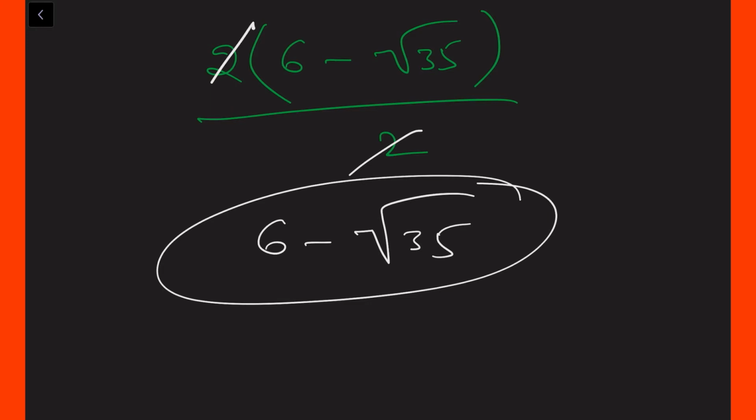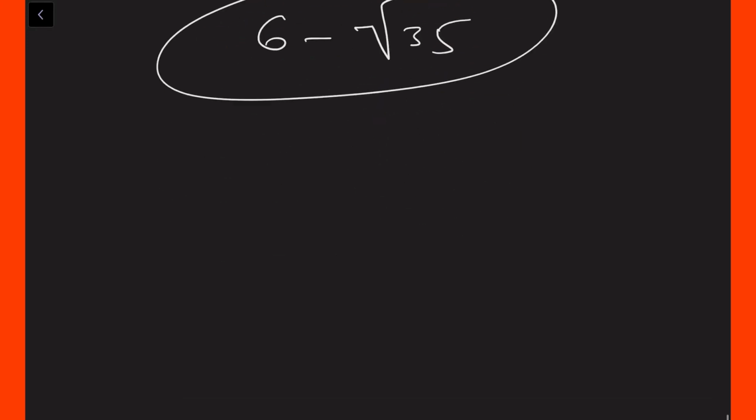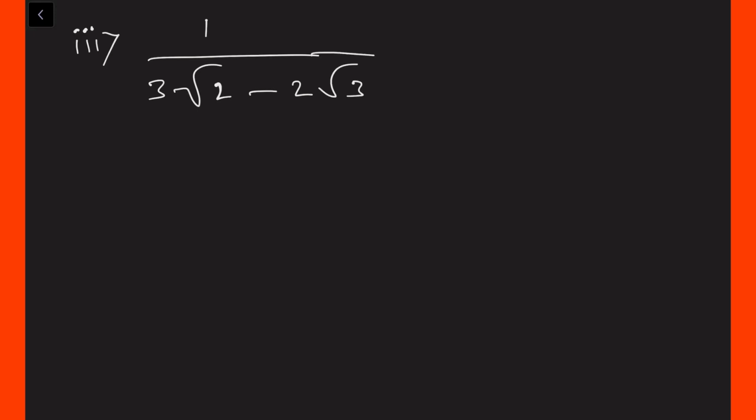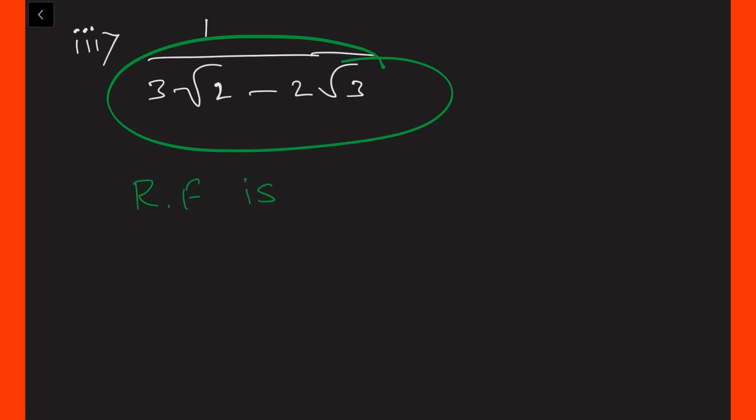Okay, now let us move to the third question in this. The third question is 1 divided by 3 root 2 minus 2 root 3. Here in the denominator we have 3 root 2 minus 2 root 3, then the rationalizing factor is 3 root 2 plus 2 root 3.